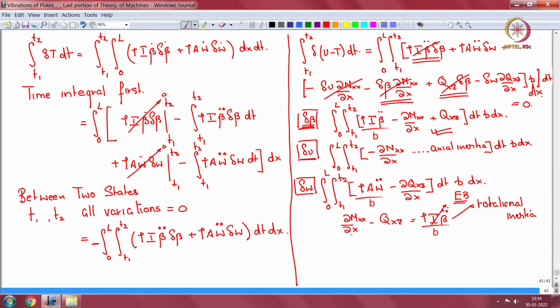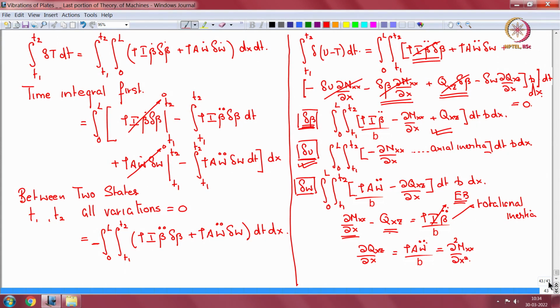So del mxx by del x is equal to qxz. Of course, the other is the axial term; we don't worry about it. And the delta w term says that del qxz by del x is equal to rho A w double dot by b. Or if we substitute qxz as del mxx by del x, this is equal to del 2 mxx by del x square.